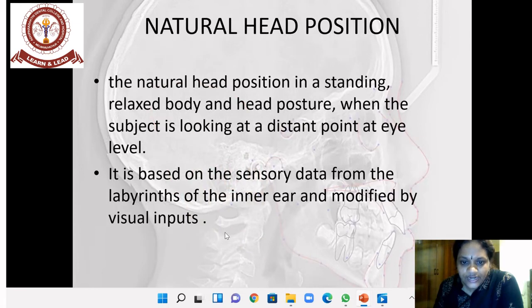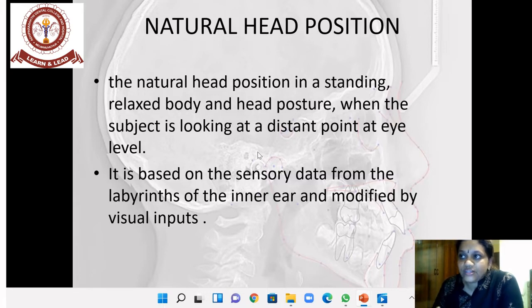So to get an ideal cephalometric properly without any deviation, you should make the patient stand in the natural head position. Natural head position is nothing but the person should stand in a relaxed body posture and see a distant object at the level of his eye.